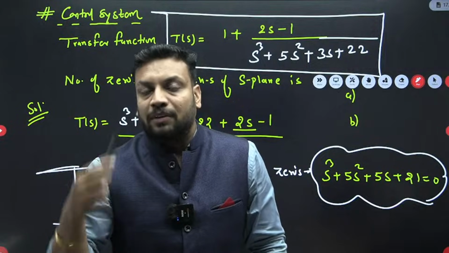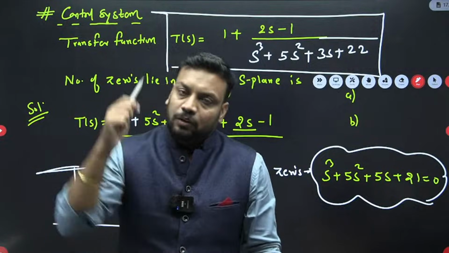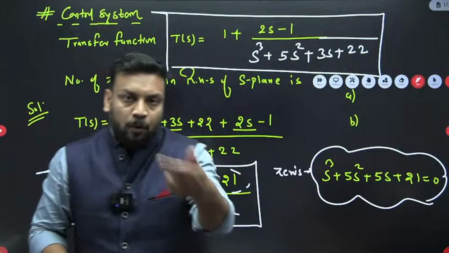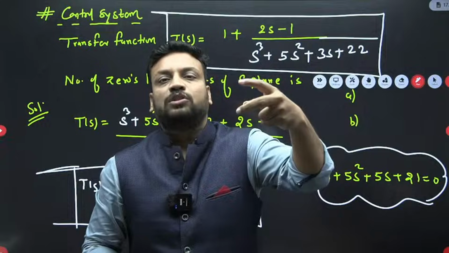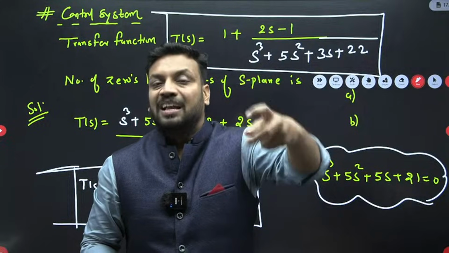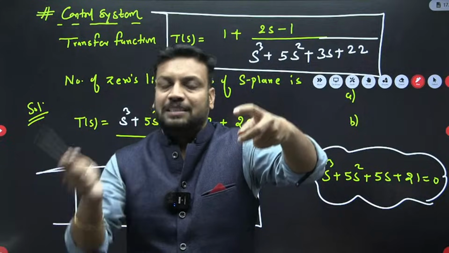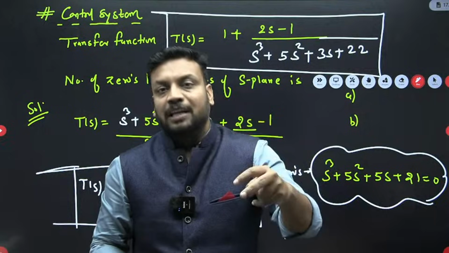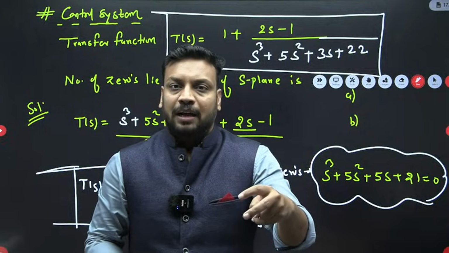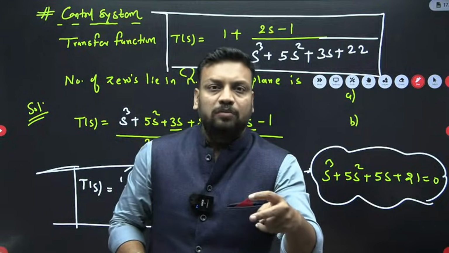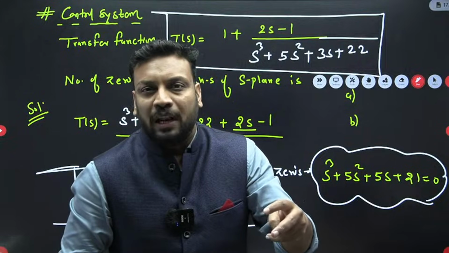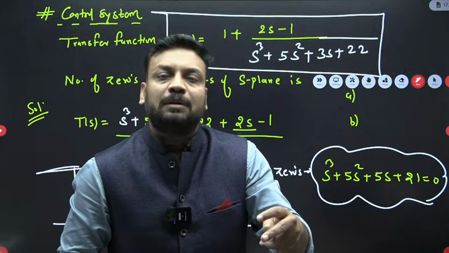Of course, if I construct the Routh table and use the Routh-Hurwitz method for the pole equation, then I can comment on two things. First, I can comment on the pole location, that how many poles lie in LHS, RHS or imaginary axis. And secondly, because I know the S-plane criteria, in control systems all systems are causal systems, so if any single pole lies in the RHS, it will make the system unstable.